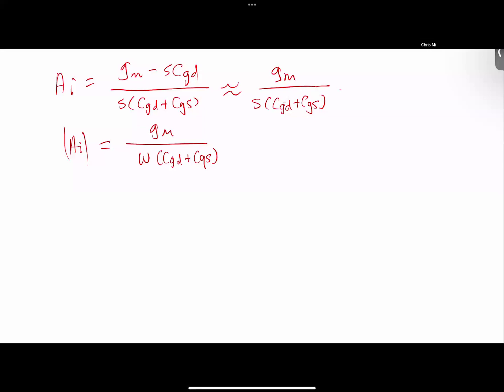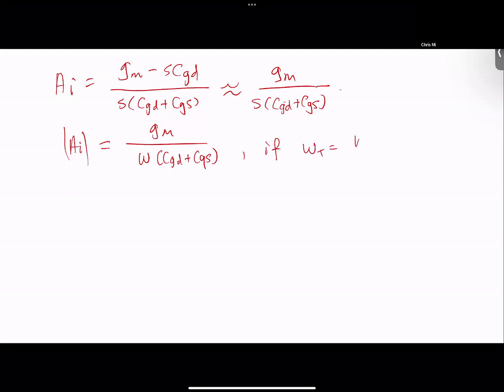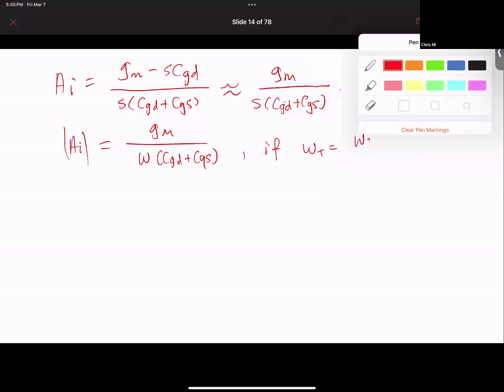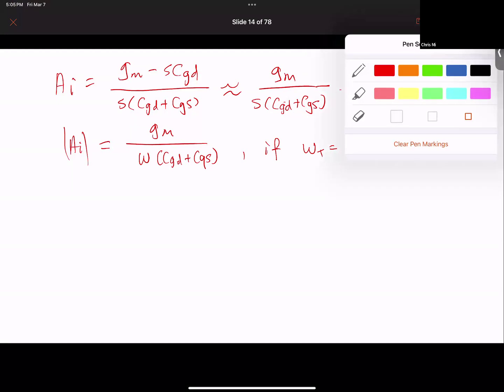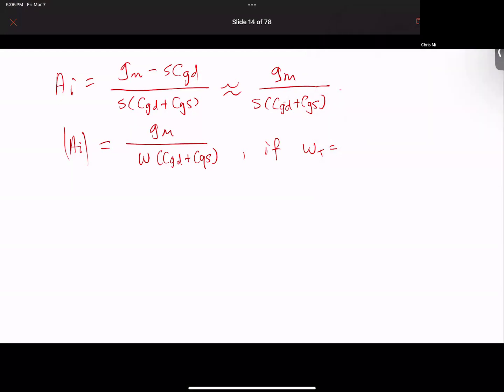And if we take omega t equal to omega, this is an important step: we define a frequency called omega t equal to gm over (CGD plus CGS).